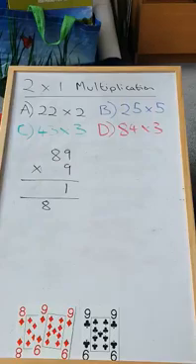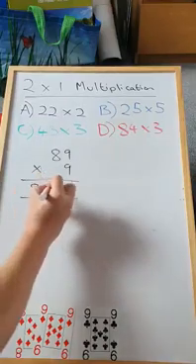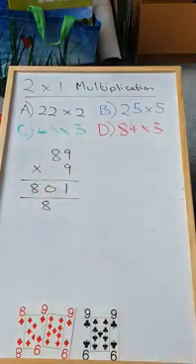And then my next sum is going to be across here, which is 8 times 9. 8 nines are 72. But remember, if we've carried anything, that needs to be added on. So 72 add 8 is 80. And I simply write that in. So the answer to 89 times 9 is 801.